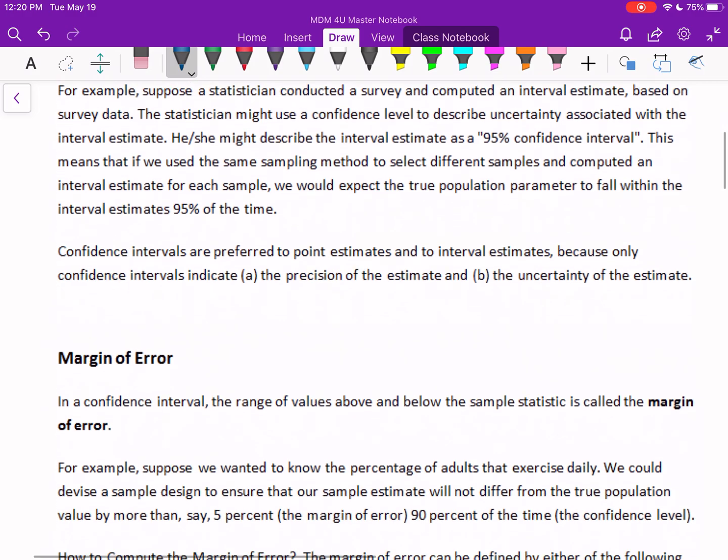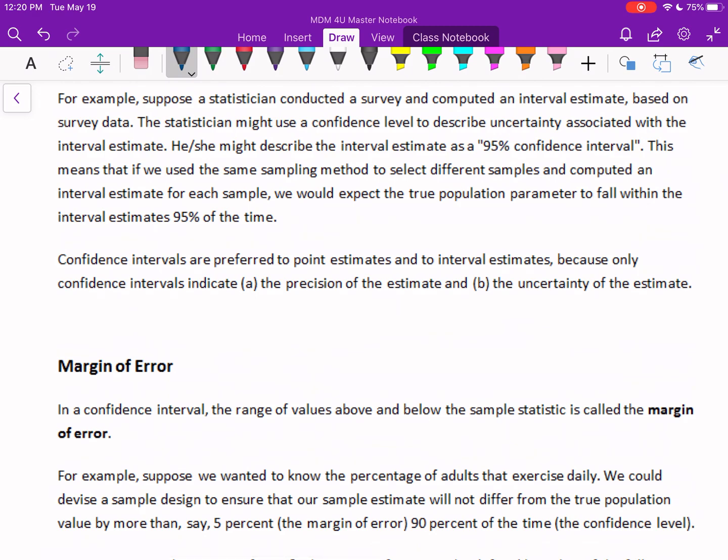For example, suppose a statistician conducted a survey and computed an interval estimate based on survey data. The statistician might use a confidence interval to describe uncertainty associated with the interval estimate. He or she might describe the interval estimate as a 95% confidence interval.